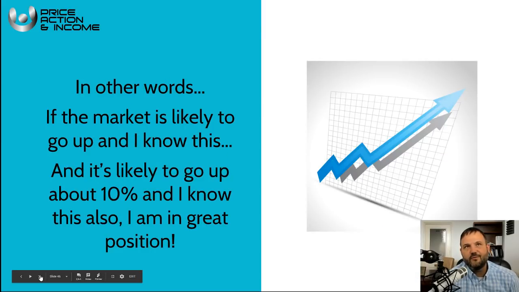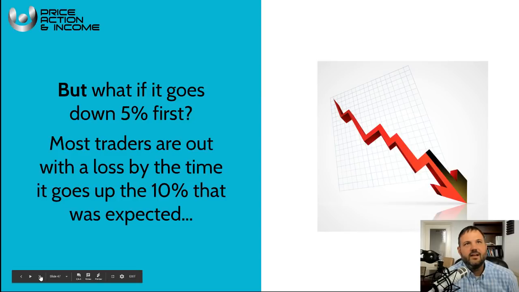So in other words, if a market's likely to go up, and I know this, and it's likely to go up about 10%, and I know this, I'm in great position. But what if it goes down 5% first before your move? Most traders are out with a loss by the time it goes up the 10% that was expected.